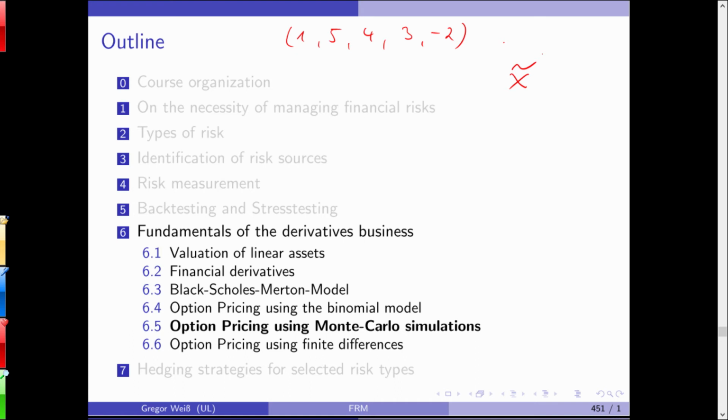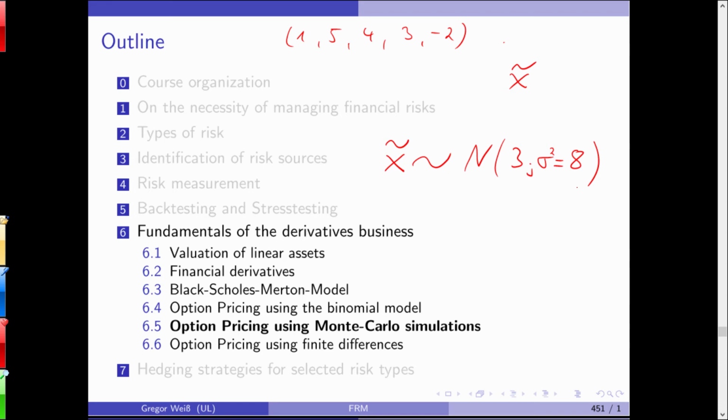Now, with Monte Carlo simulation, we are more or less going the other way around. We know that we have a distribution x, and x is, for example, distributed according to a normal distribution with mean 3 and sigma squared equal to 8, with those 2 parameters, and we now want to create a sample that originated exactly under this distribution.